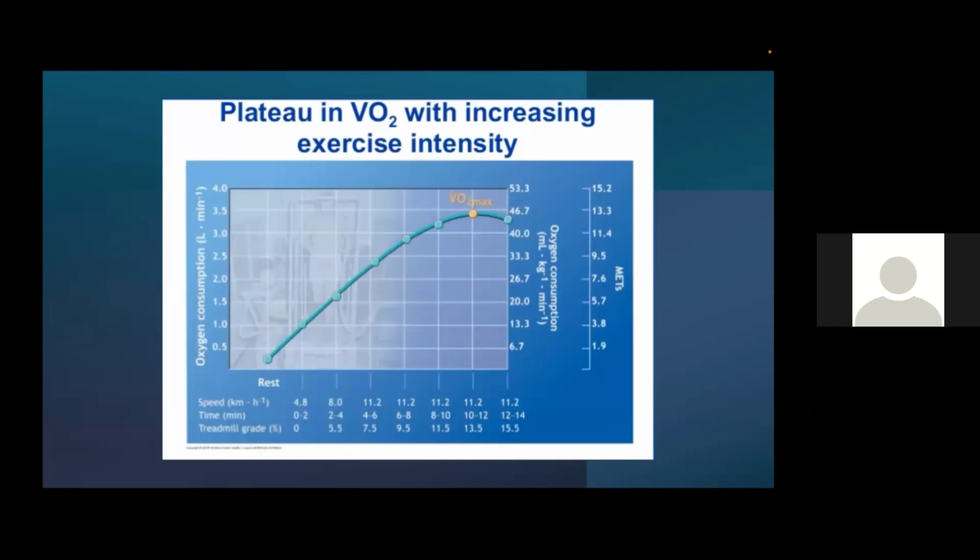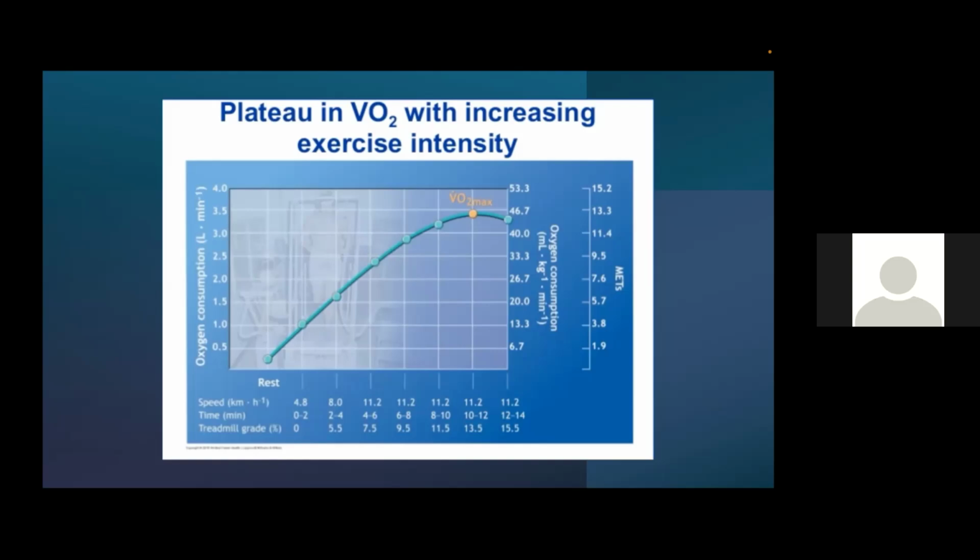As you can see here in this orange dot, this is the peak of VO2. So we can identify the number of the peak, whether it is an early plateau or a normal plateau, and what's the level of VO2 at the maximum of exercise.